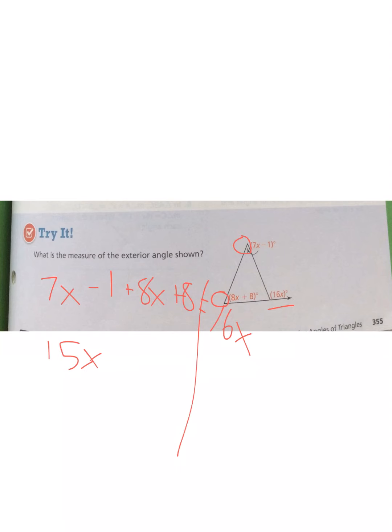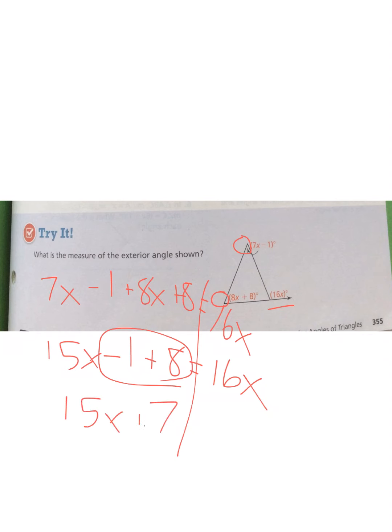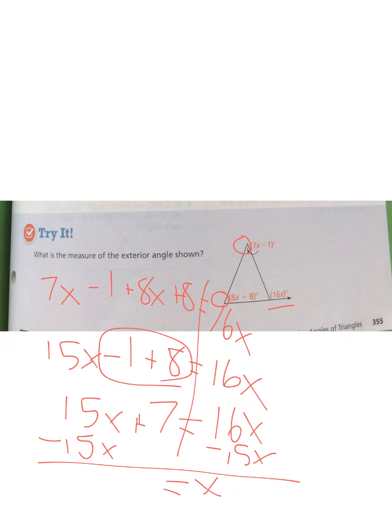We add these two together: 15x, minus 1 plus 8 is 7. So 15x plus 7 equals 16x. Subtract 15x from both sides, and we have x equals 7.